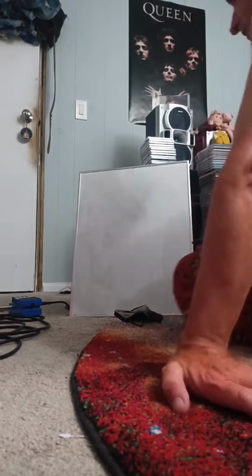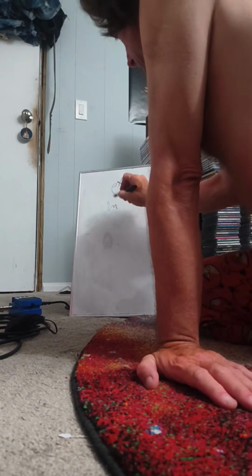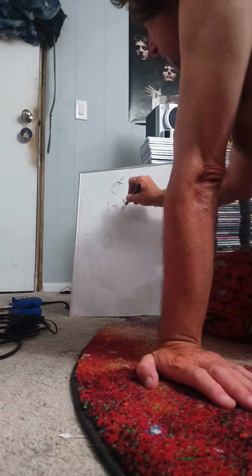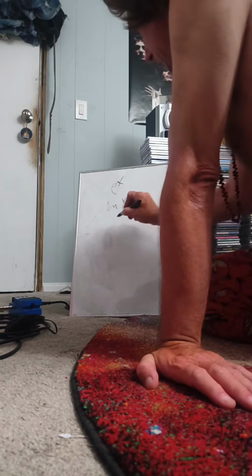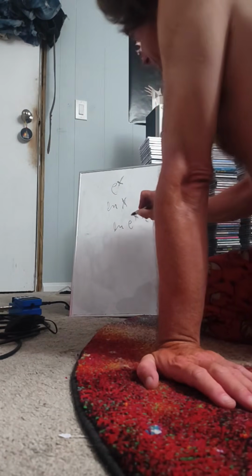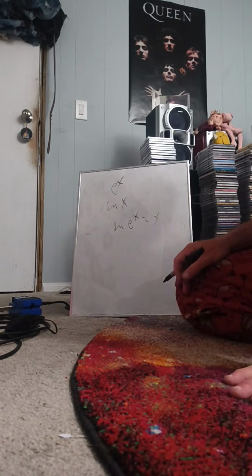Let's introduce the complementary operation to e to the x, which is the logarithm of x. I'm going to call it the natural logarithm because it's base e. Logarithm x is such that logarithm e to the x equals x. The logarithm undoes the exponent.